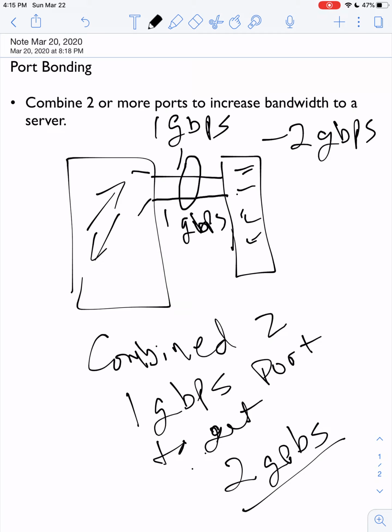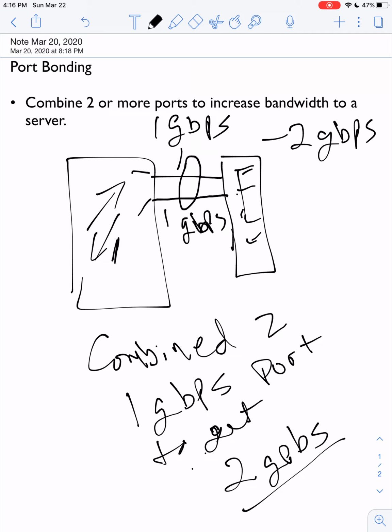So we're combining them to just double up. And again, depending on the operating system and the switch capabilities, you can get 2, 4, or 8, sometimes even more, but 2, 4, or 8 is not unusual to get that bandwidth.